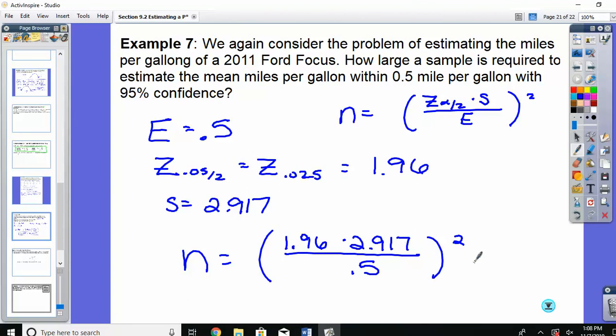Okay, and what'd you get? So that means we would need 131 people. Still round up.